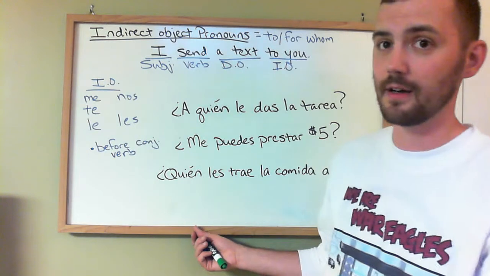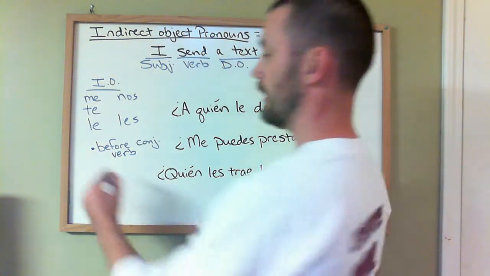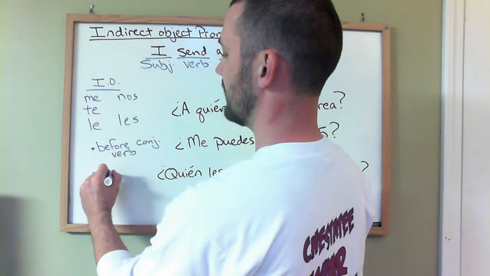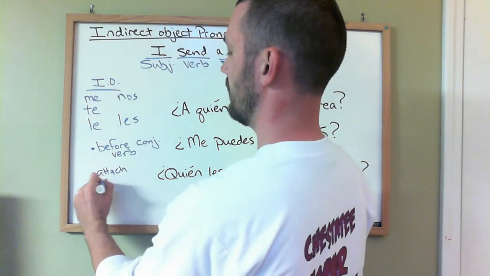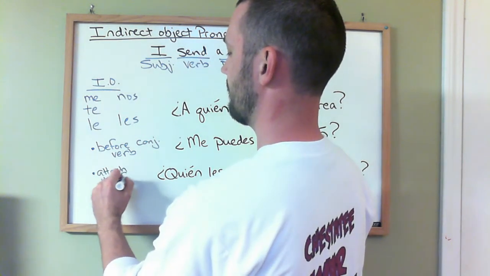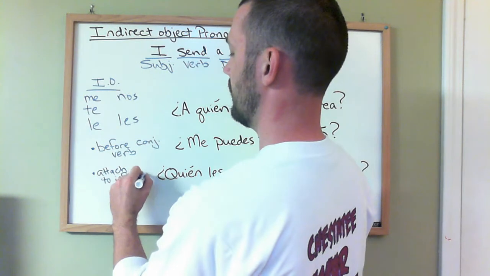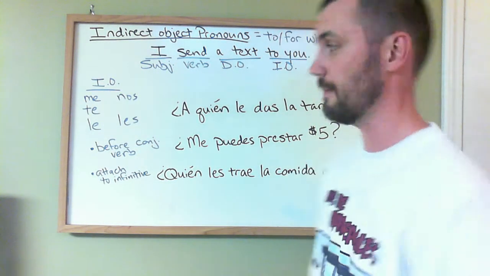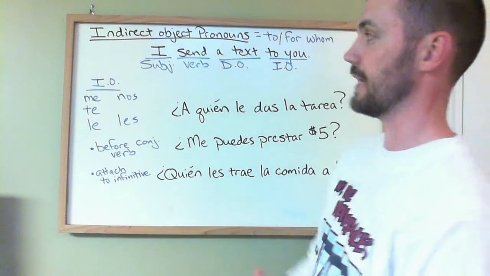Not gustar, but gusta. If you have an infinitive, you can attach it to the infinitive. What's an infinitive again? It's a verb that ends with AR, ER, or IR before you conjugate it.